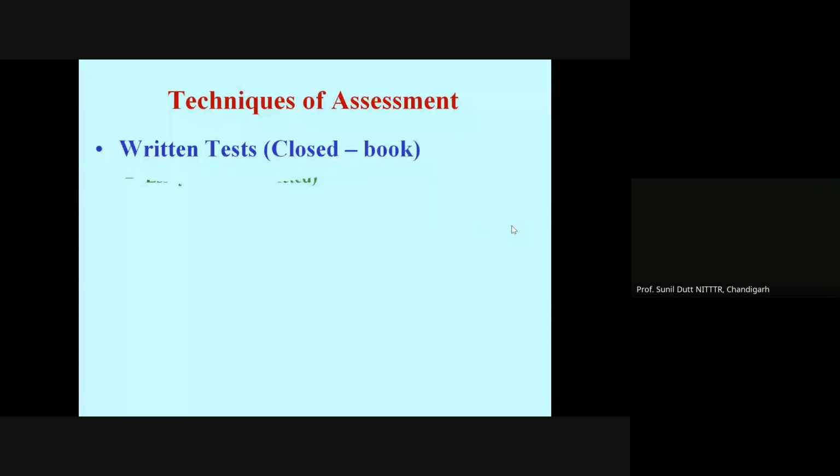Now coming to the essay type restricted response essay question. For example, I say describe two situations that demonstrate the application of the law of conservation of energy.